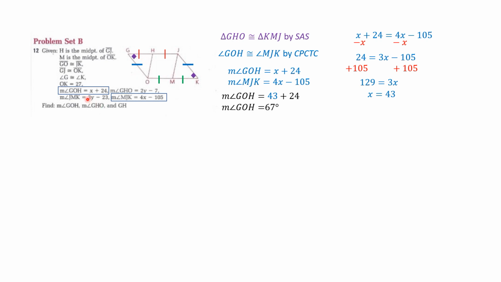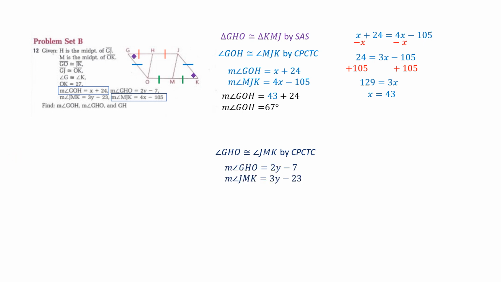And I have algebraic expressions for both of those. GHO is 2y minus 7, JMK is 3y minus 23. So let's get all of this down. I know that GHO is congruent to JMK. I called it KMJ, but same thing. Because they are corresponding parts in congruent triangles, and so they are congruent.